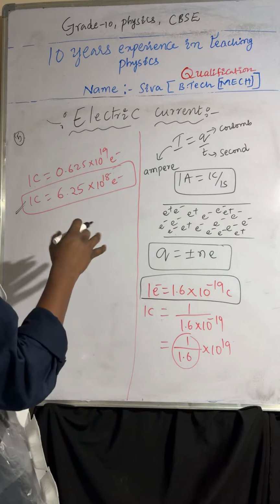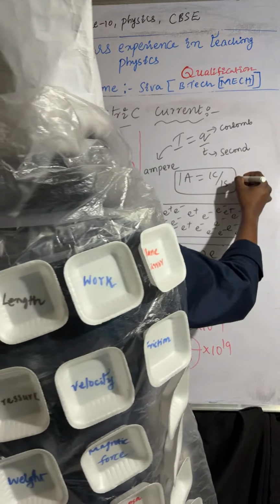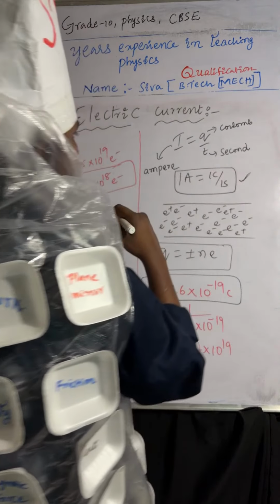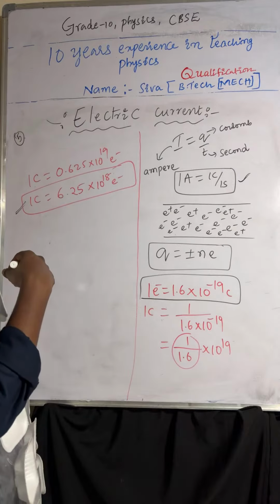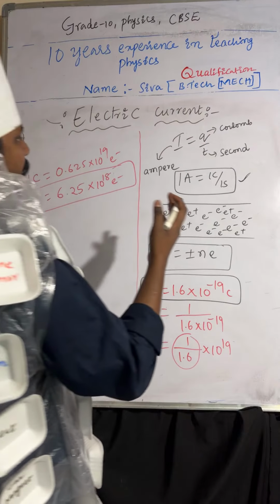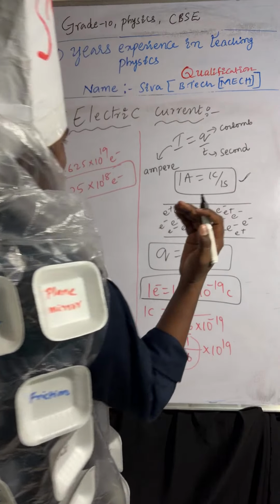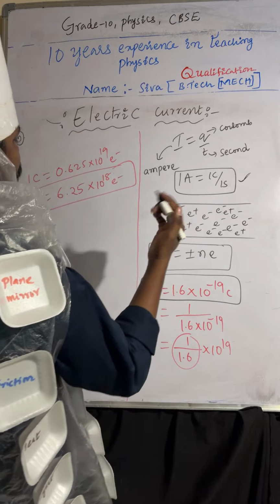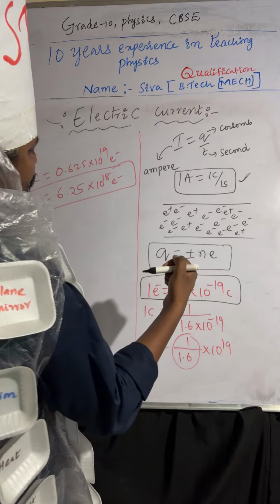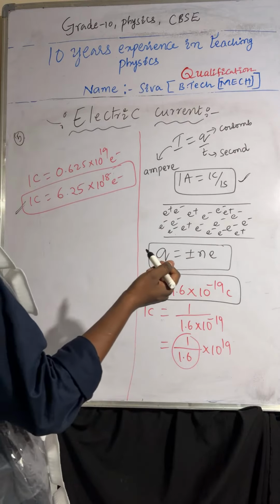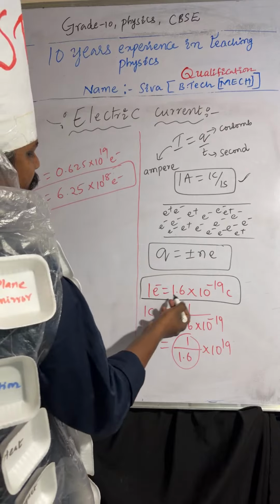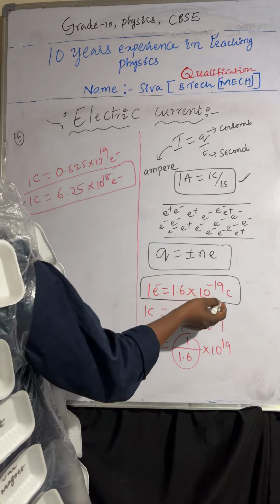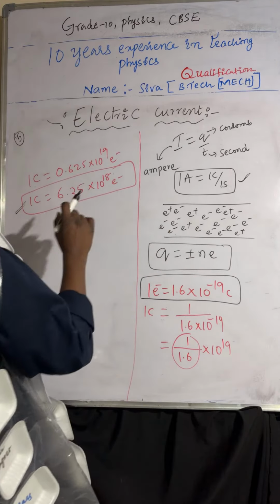They will ask you to define the SI unit of electric current: 1 ampere is defined as 1 coulomb of charge flowing through a unit cross section area per second. Q equals plus or minus Ne. On 1 electron there is 1.6 into 10 power minus 19 coulomb, and in 1 coulomb 6.25 into 10 power 18 electrons are present.